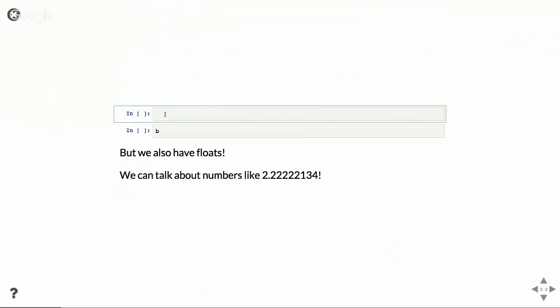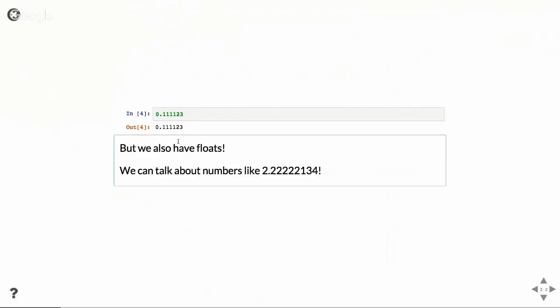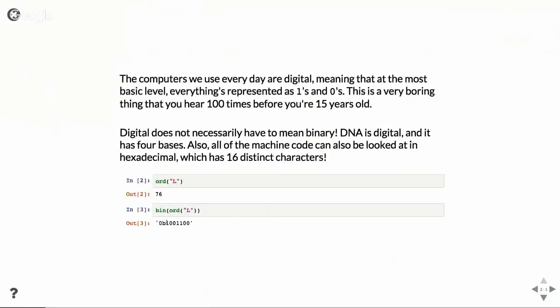Oh, cool, these are the cells I was looking for earlier. Thank goodness. A float, of course, is something along the lines of 0.11123, whatever. The great thing is, Python doesn't keel over and die when I do that, because it's okay with floats. There are all kinds of fun programming languages out there that will freak out and get angry with you if you conflate integers with floats, because under the hood, floats still look just like this binary bit.